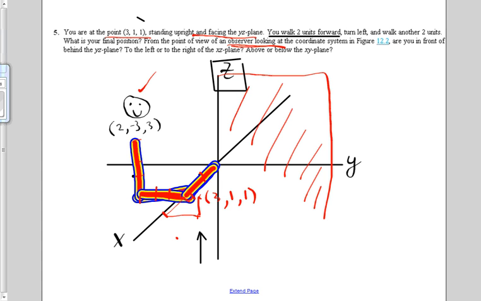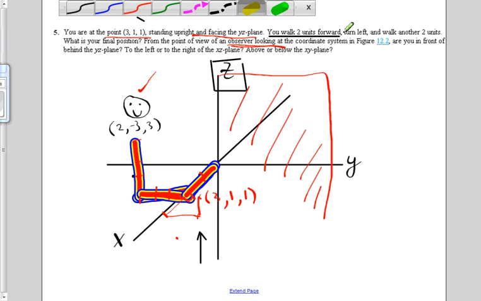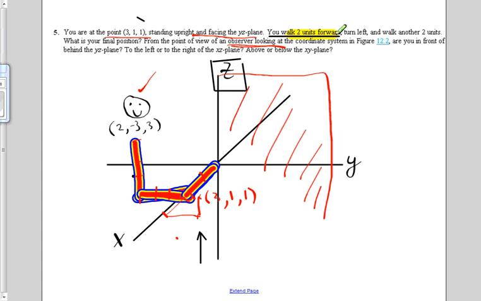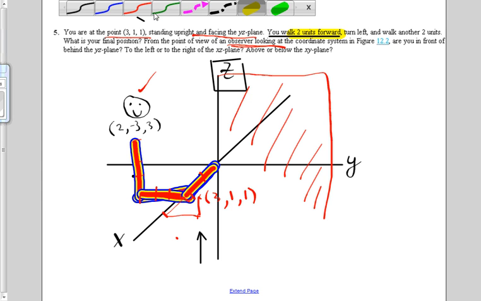So if I walk 2 units forward, that means I'm walking towards the YZ plane. That means my Z value and my Y value won't change. If I walk 2 units forward, what's going to change is my X value.